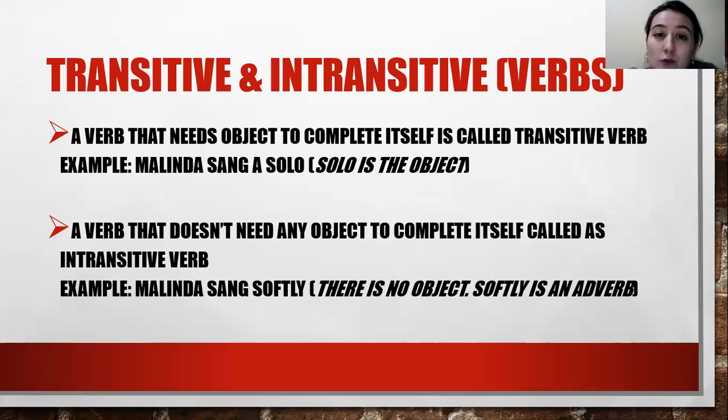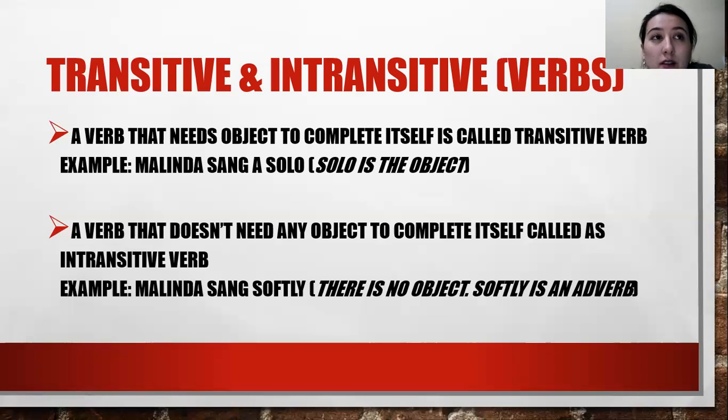This means that the verb sang, the past form of the word sing, is a transitive verb because there is an object after it. Or a verb that doesn't need any object to complete itself is called an intransitive verb. Melinda sang softly. There is no object after the verb.